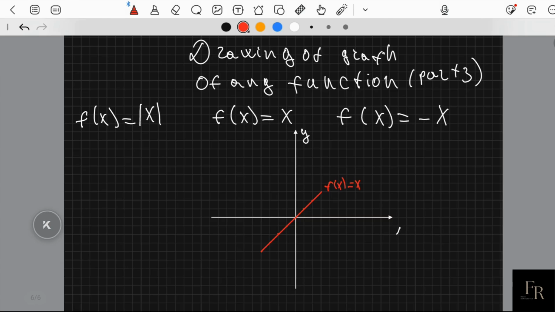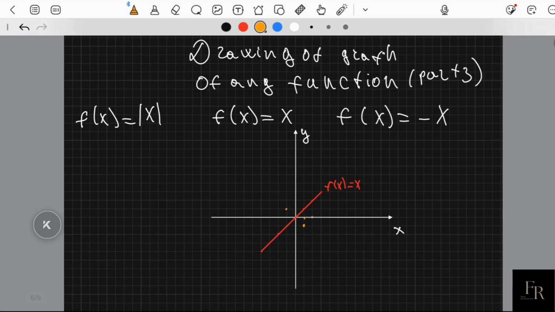Now the second function, f(x) = -x. In this graph, whatever x is, y is its opposite. So when x is positive, y should be negative. When x is negative, then y is positive.